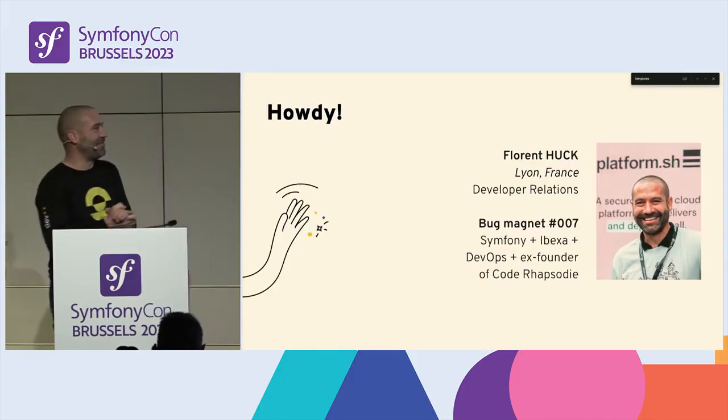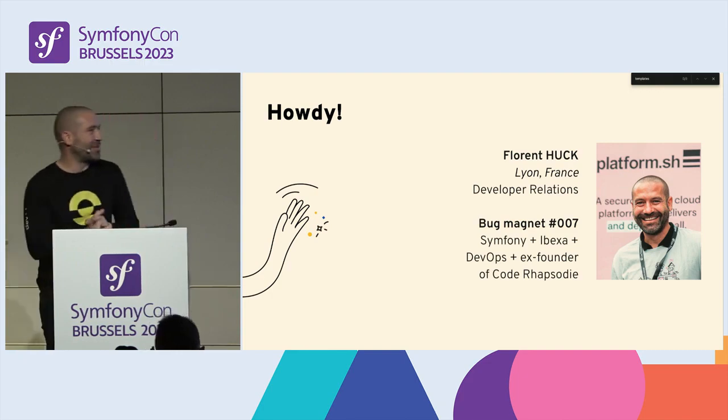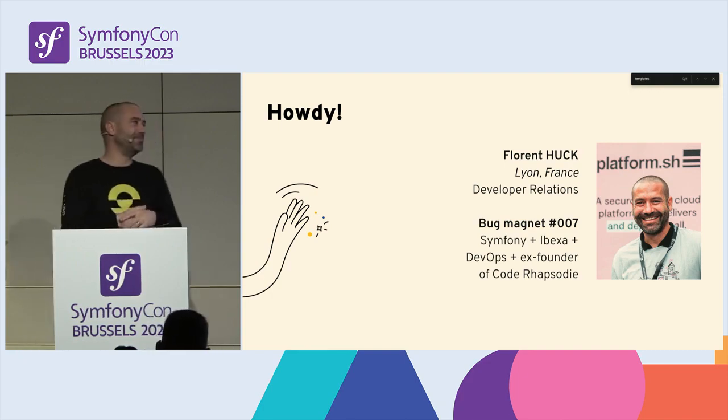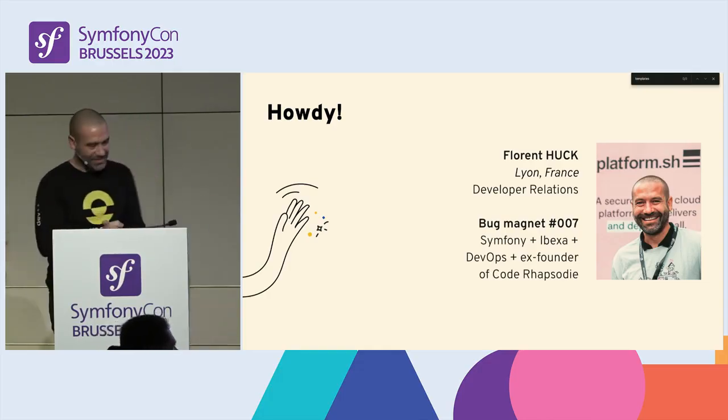Who am I? So I'm Flo. I'm French, so sorry for my accent. I'm part of the developer relations team with Platform.sh. So we are responsible for the documentation, talking to users, and trying to solve issues for all of these users.